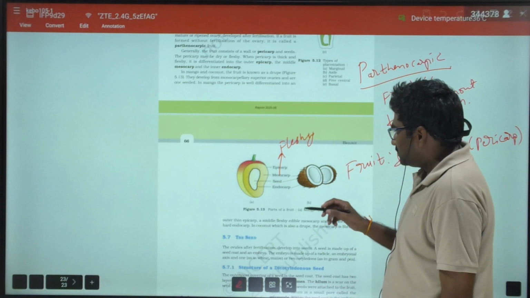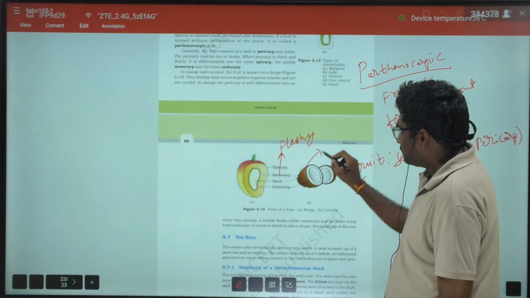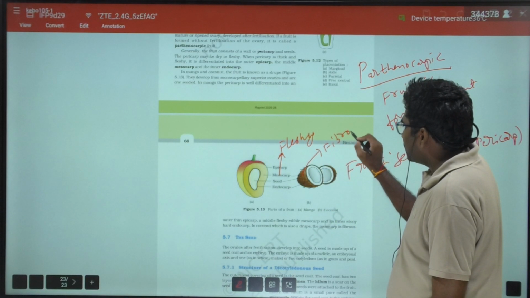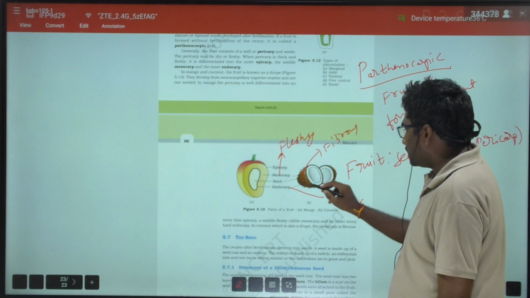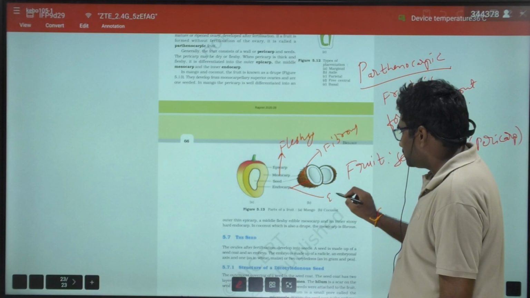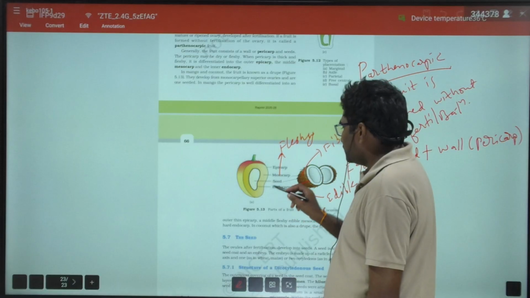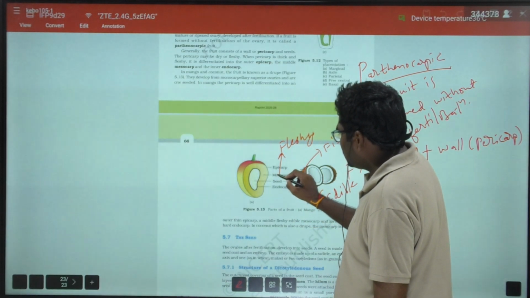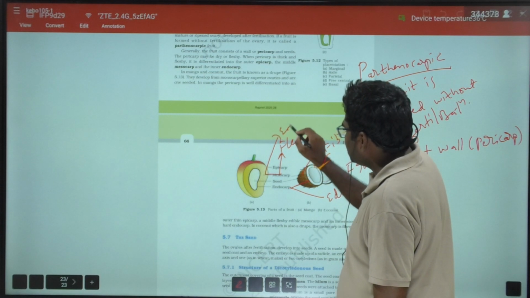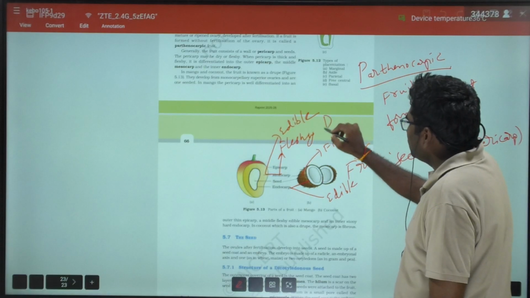Whereas in coconut, the epicarp is thick, the mesocarp is fibrous, and the edible part is the endocarp. Endocarp is edible in coconut, whereas the mesocarp is edible in mango, and the fruit is known as the drupe.